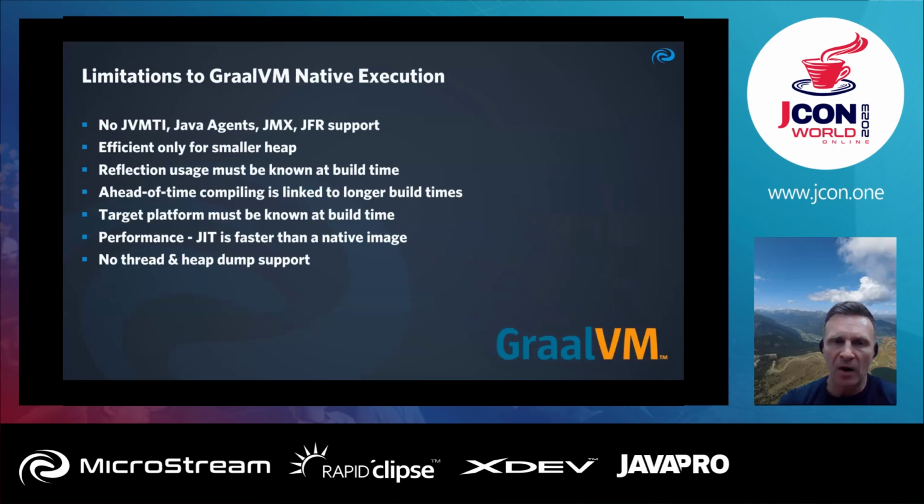The problem with GraalVM native images for us is that there are really many challenges, because you cannot use all Java features. Reflection is a problem. Ahead-of-time compilation leads to longer build times and so on. It's really complicated stuff.